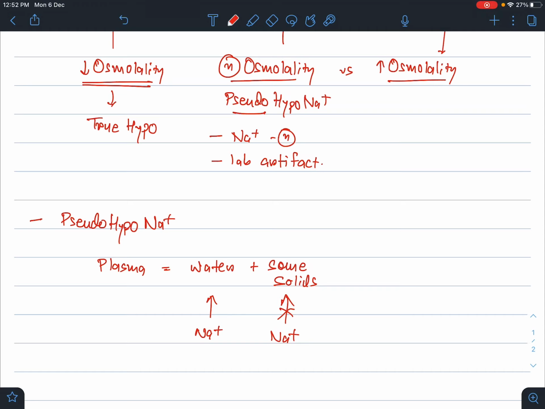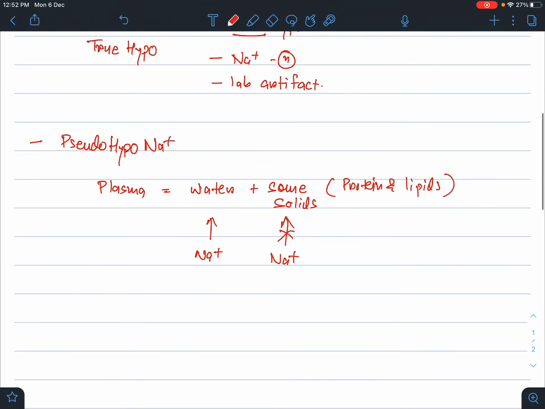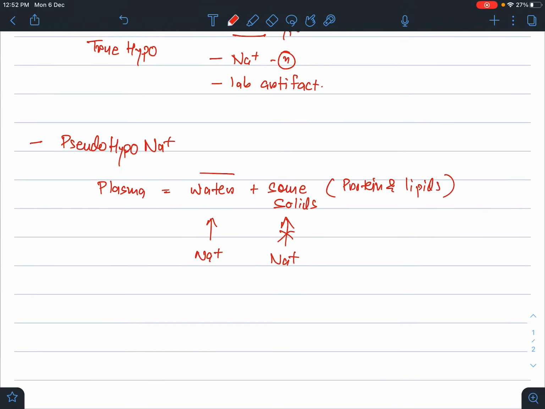It is obvious which solids we are talking about: proteins and lipids. So overall, the actual sodium concentration is in plasma water, not total plasma.